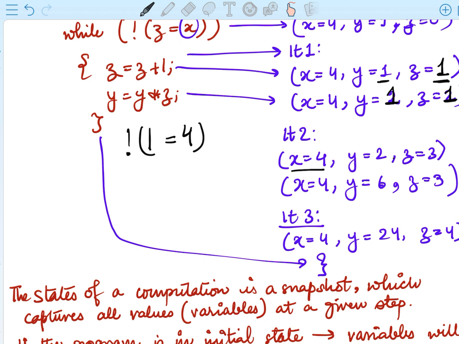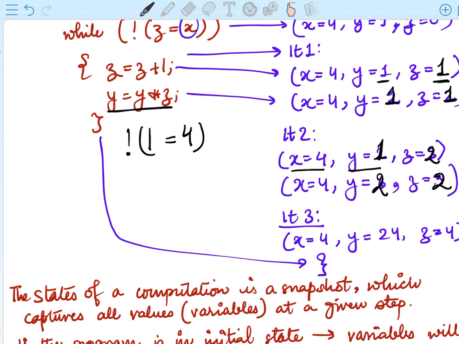X equals 4, y equals 1 and z equals 2 in this case. In the next command, z into y equals 2, and z equals 2 only.